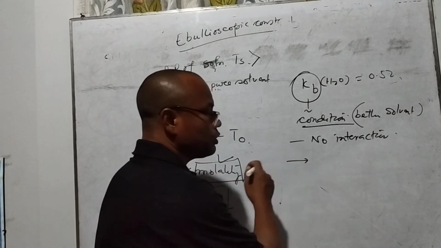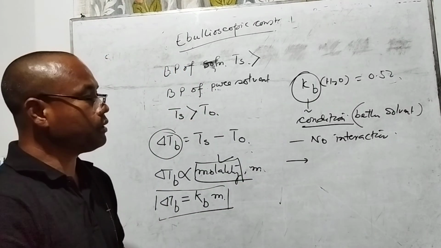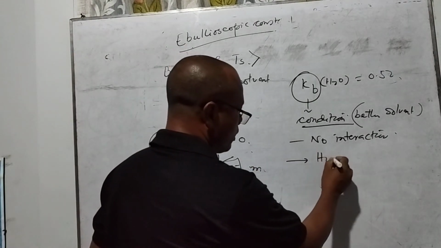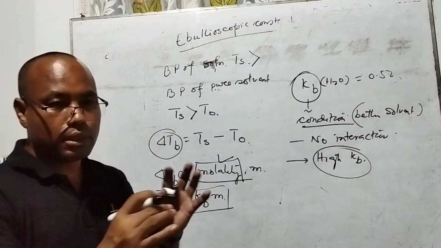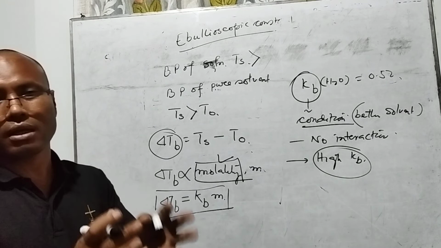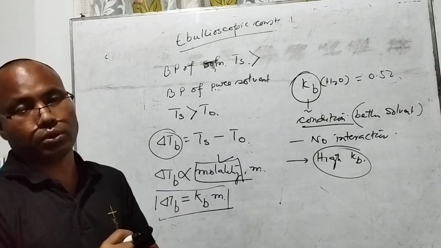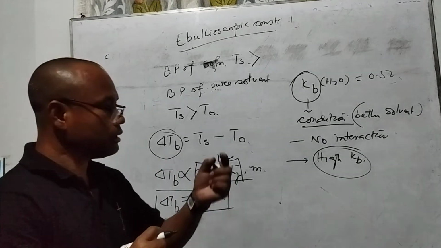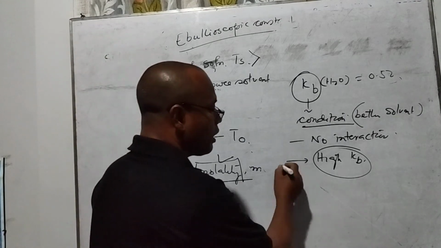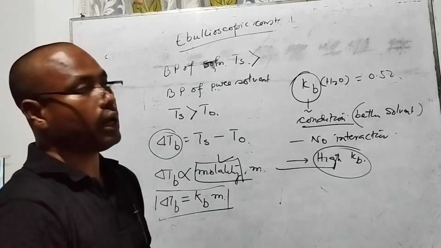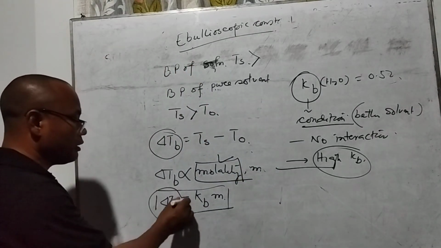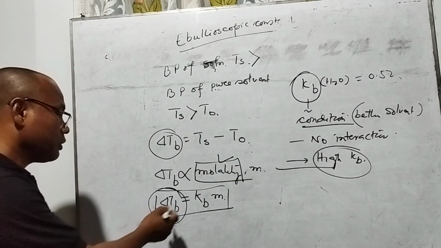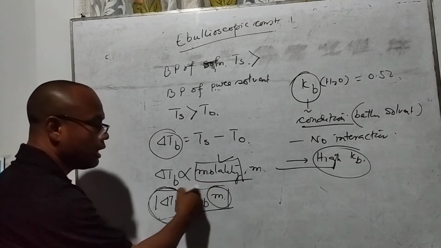So for those liquids having a high Kb value, there is very little chance of interacting with the solute molecules. Therefore, liquids having a high Kb value we use as the better solvent in order to determine the delta Tb.